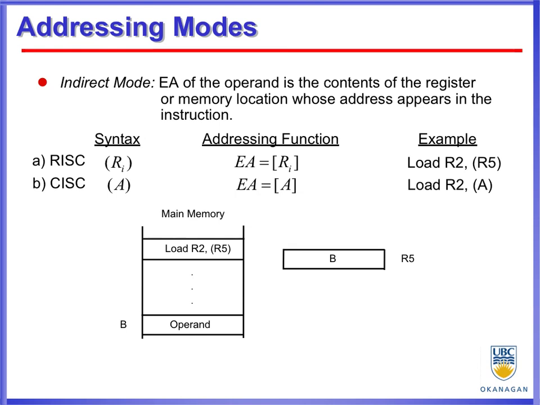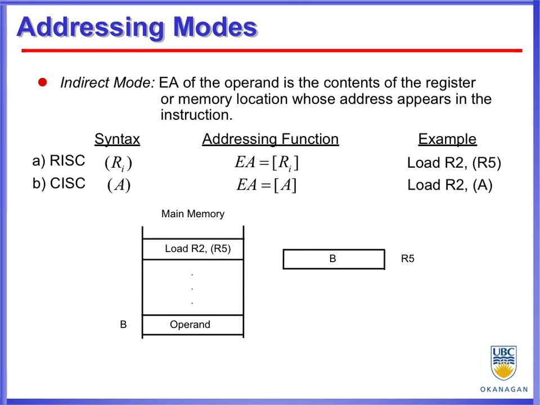Okay. So let's just focus on the RISC style here. The CISC is similar. Let's just focus on the first one here, okay? So the syntax is parentheses. When you put parentheses around a register inside of an instruction, that means the effective address in this addressing mode, the indirect mode, is the contents of what register Ri holds, okay?